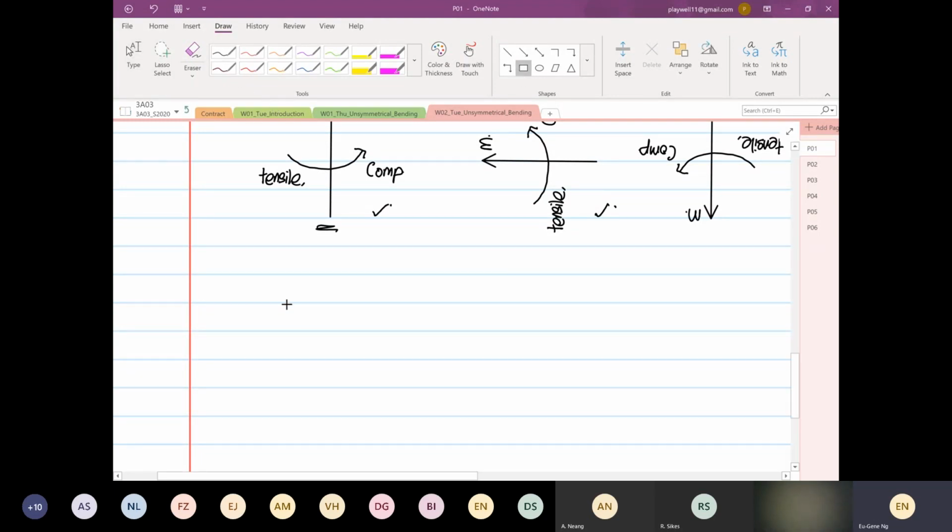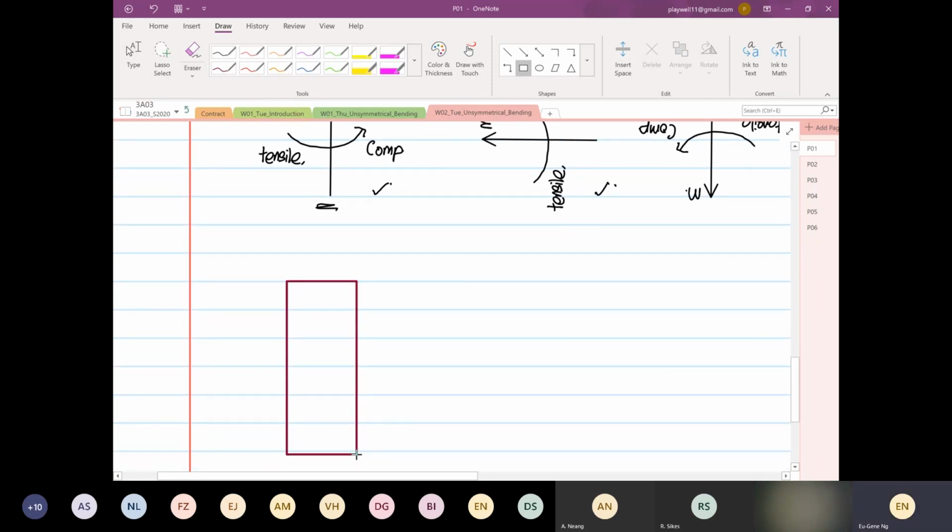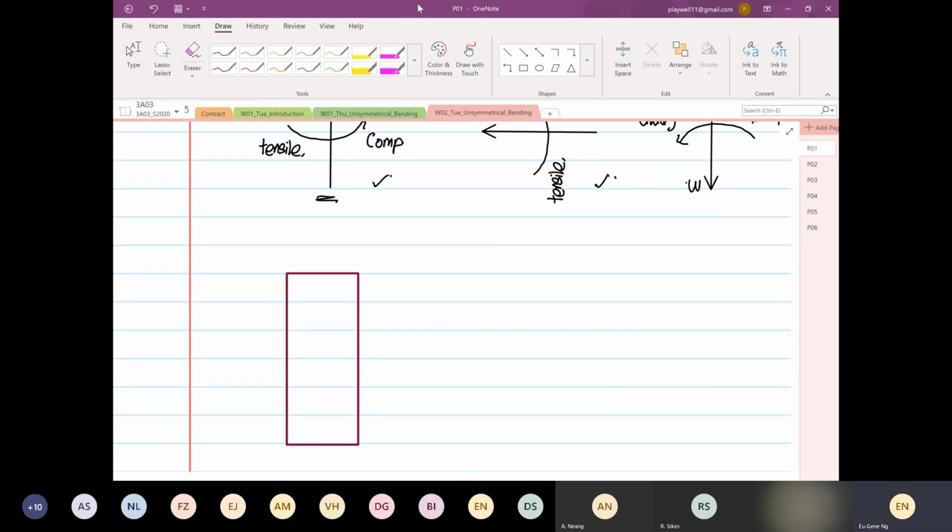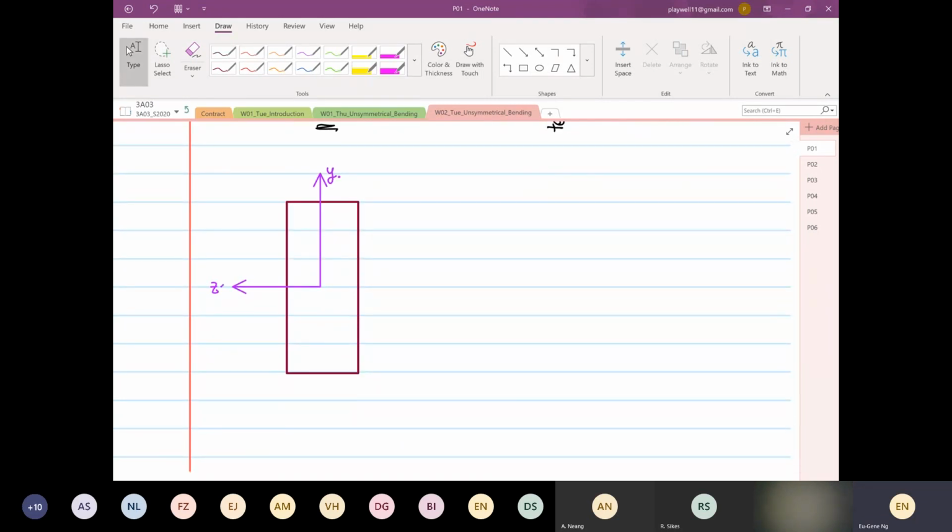So I'm going to draw a structure, still rectangular. Again, we have our transformation. This is our y-axis, and this is our z-axis. Then I'm going to have specific distances.